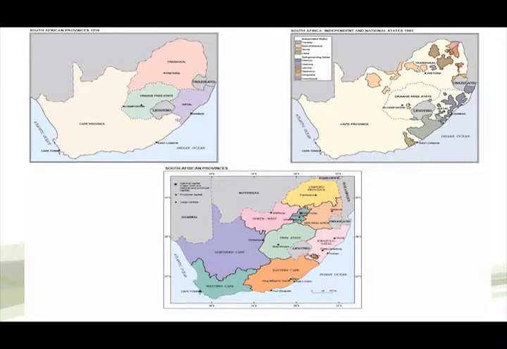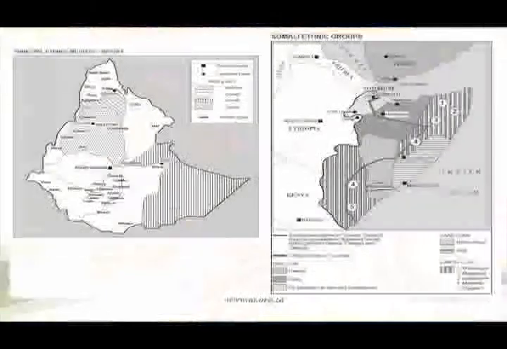And now you know all the 9 provinces of South Africa today. What will the future be of South Africa? More provinces, less provinces? We have to think about that, especially with the municipalities that are now degrading.